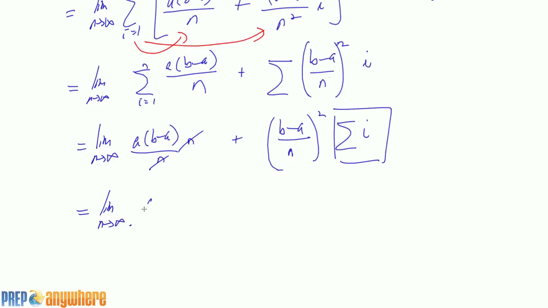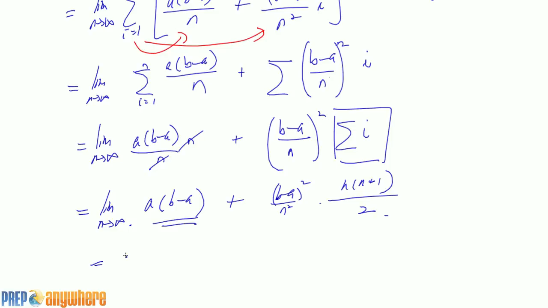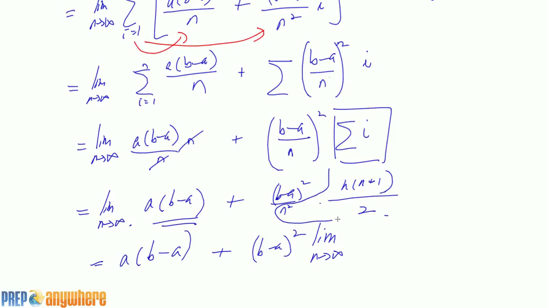So we have a times (b minus a), and it's n times (n plus 1) all over 2, right? This right here does not depend on n at all, so you can just bring it out to the front. Okay. The (b minus a) squared you can also bring out to the front. And we only need to take the limit on this part. Actually, in fact, you can pull out the 2 at the front too.